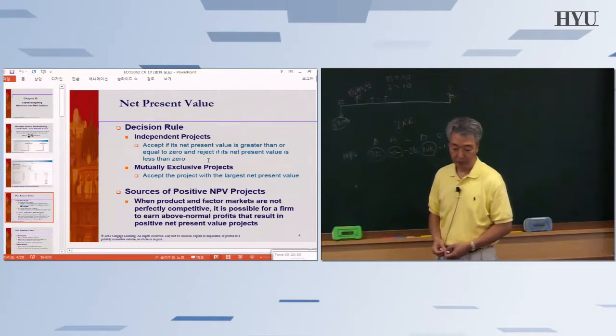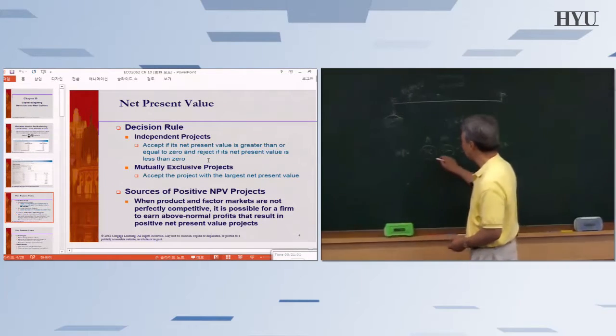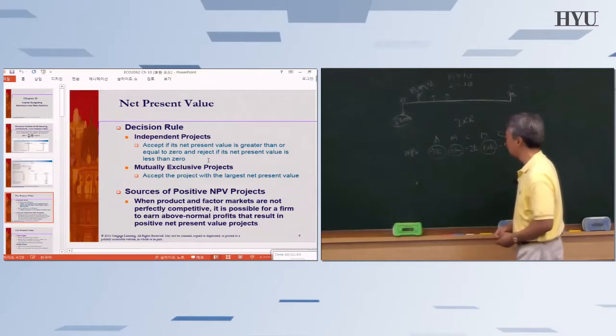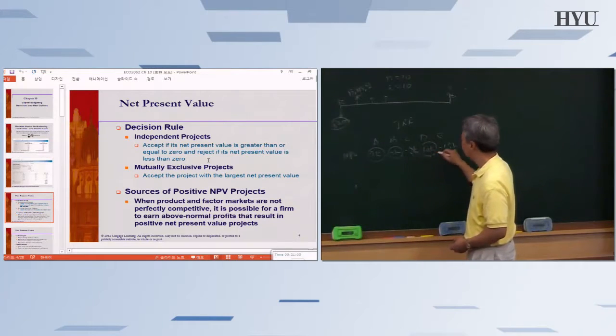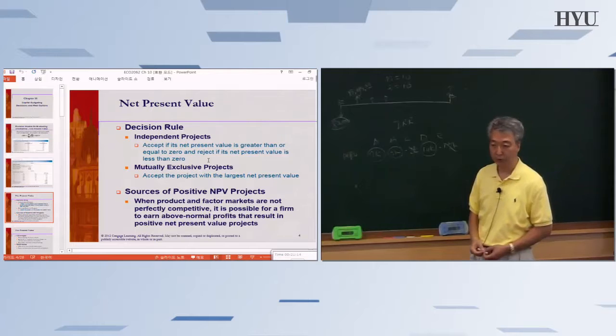But if you're dealing with the mutually exclusive projects, okay, then you have to rank order these. First of all, negative return are out of question, right? If you have negative net present value, then there's no reason to consider those. Okay?